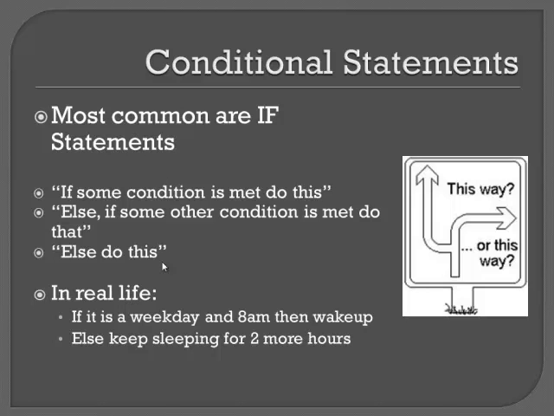So for example, if some condition is met, do this, right? Else, if that condition wasn't true, else if some other condition is true, then do something else. And then finally, if both of those aren't true, then just do this final thing.